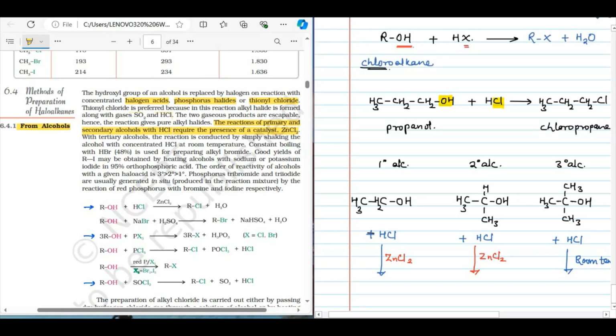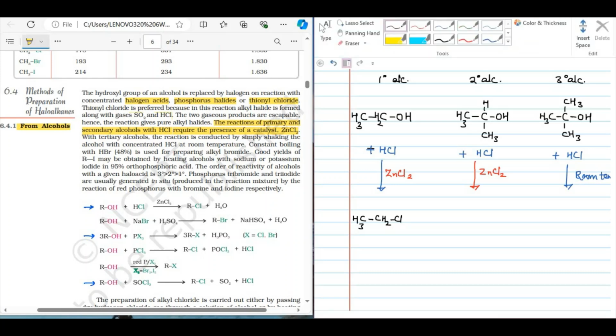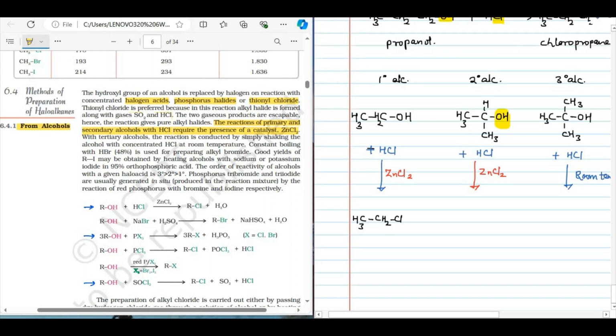So here you will get the product. You just have to replace OH with Cl. CH3CH2Cl. Here also you can write the product. Everywhere you just have to replace OH with Cl. Here also we have just replaced OH with Cl.